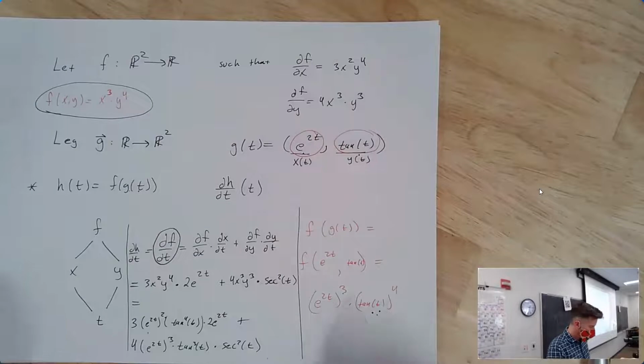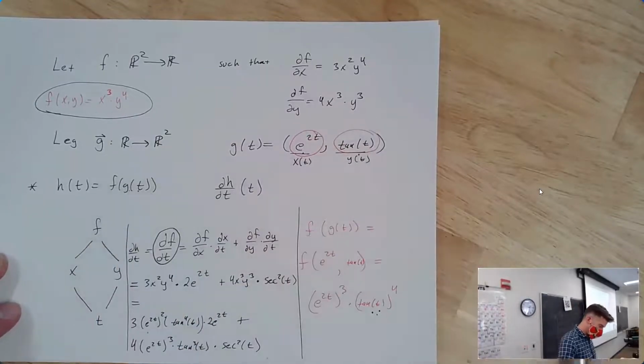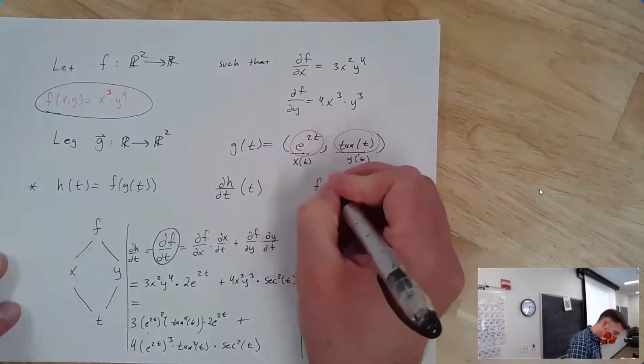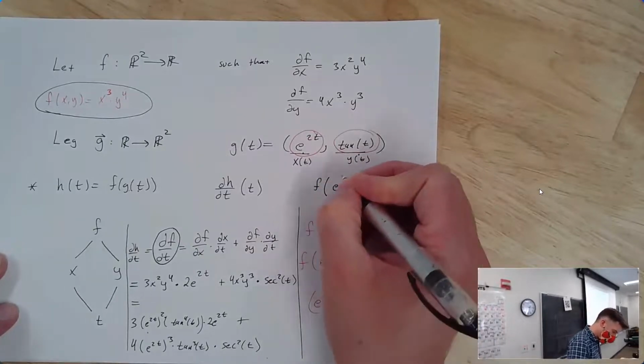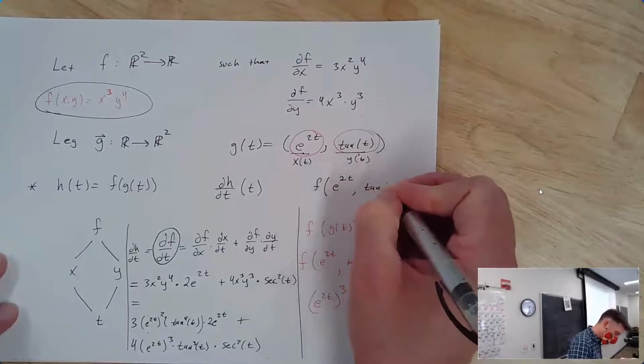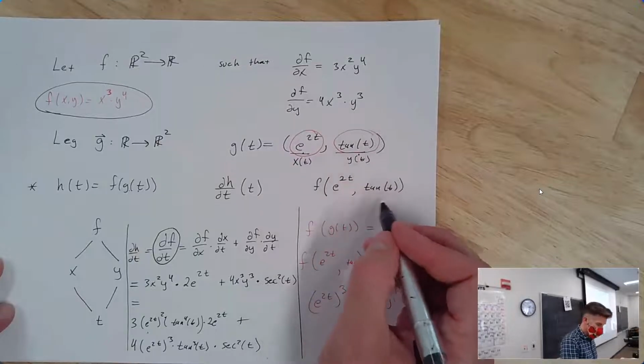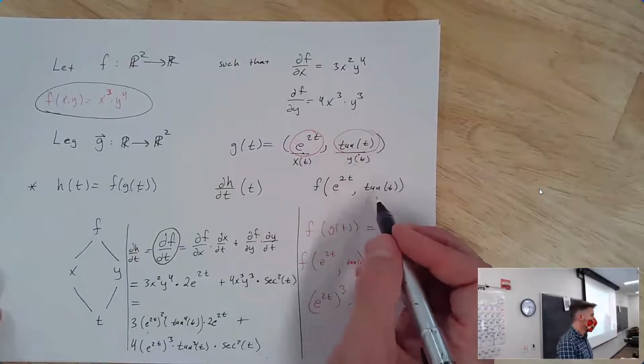Because when we do f of g of t, we're doing f of e to the 2t, tangent of t. So that gets to act like your x thing, and that gets to act like your y thing. That's what's going on there.